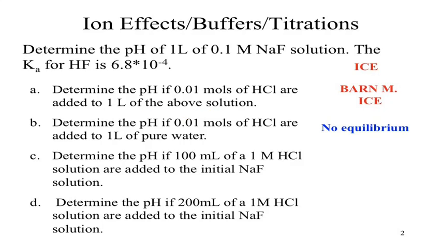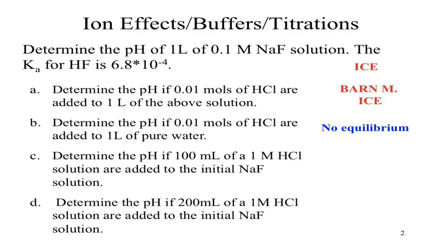So what we go through and do is convert all of our mole values into molarity. To do that, we have to divide by the total volume. You notice it's not 1 liter. Why is it not 1 liter in this case? We added 100 milliliters of our acid.